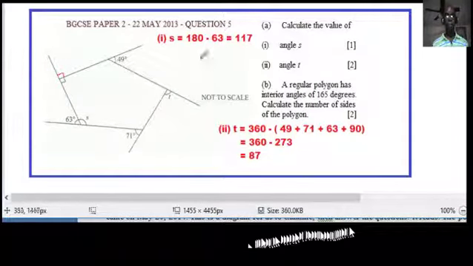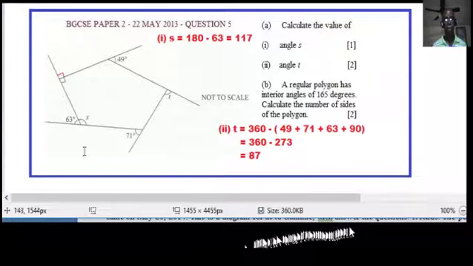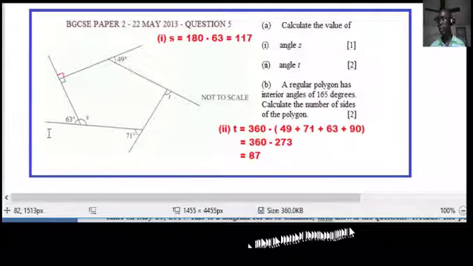Part B says, a regular polygon has interior angles of 165 degrees. Calculate the number of sides of the polygon. To solve this problem, what you can do is subtract 165 degrees from 180 degrees to get the size of one exterior angle.